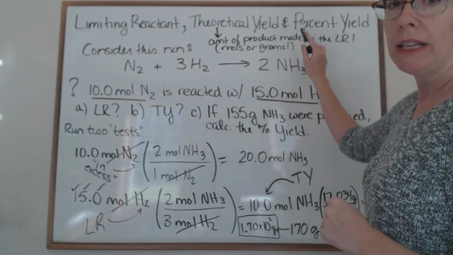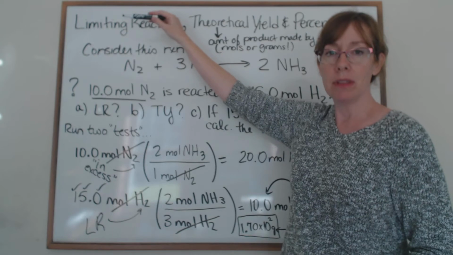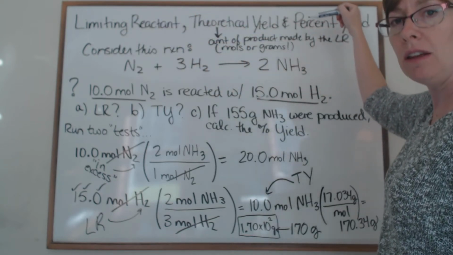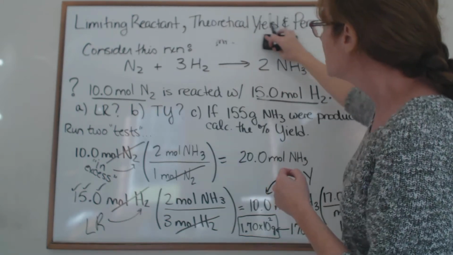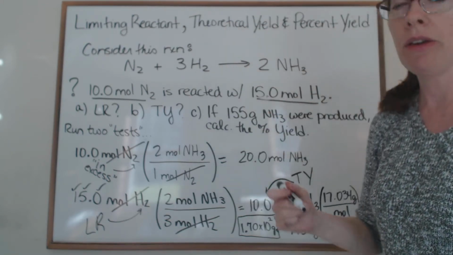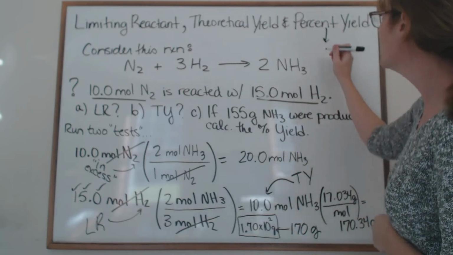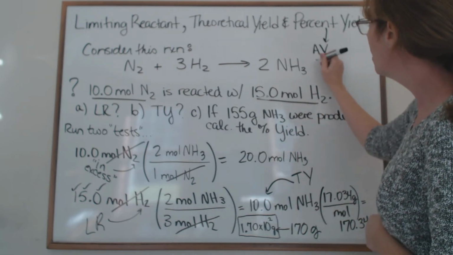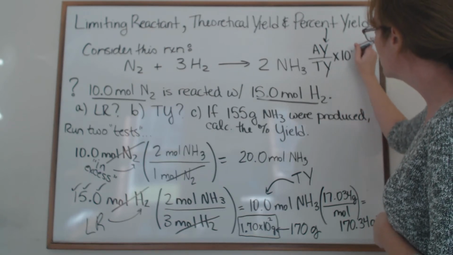So now what we're getting to is this last topic called percent yield. And like I said, these are all connected. It's kind of one big story. So that's why it's just one heading. Percent yield is an equation, and it looks like this: AY over TY times 100.